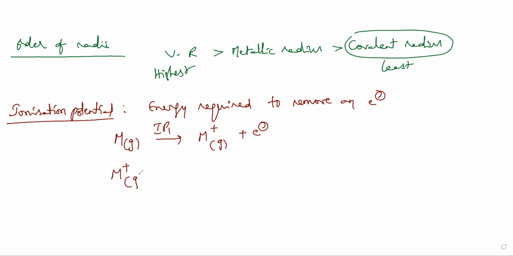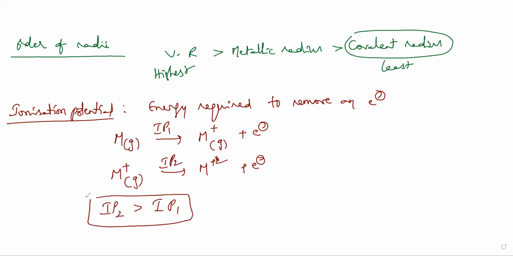Again, if you want to remove one more electron from this positive ion, you need more energy, giving M plus 2. The relationship between IP1 and IP2 is that IP2 is greater than IP1. So this is about ionization potential.